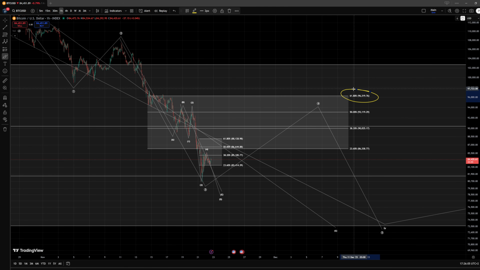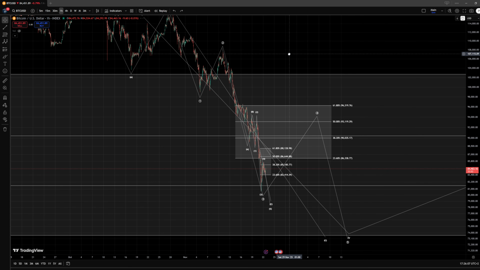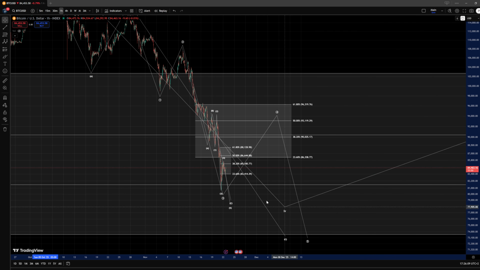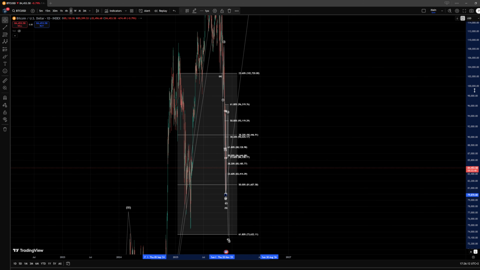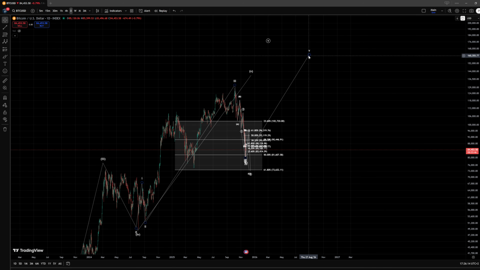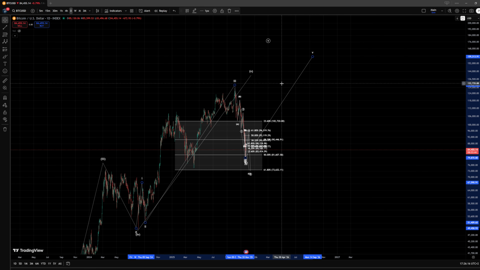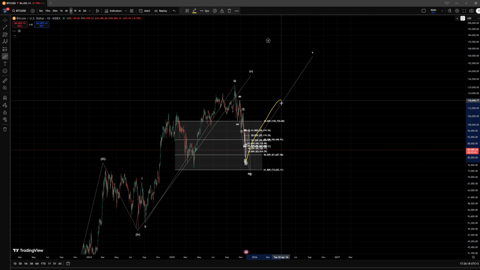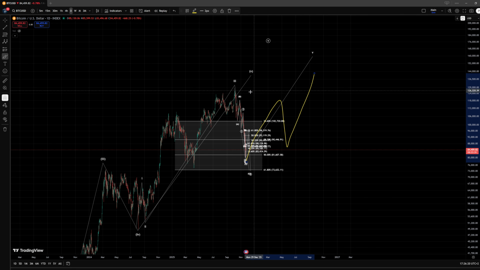If we manage to break above that, I would be much more inclined to believe that we have indeed bottomed within the larger wave 4 and we may already be heading into the 5th wave to the upside, where we expect to form an ABC structure to new all-time highs.